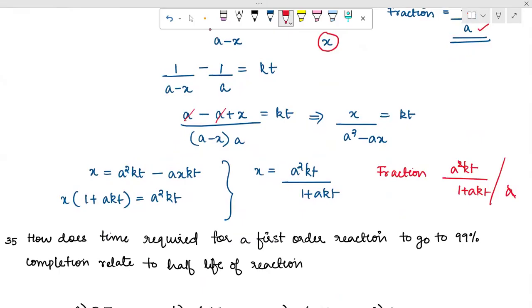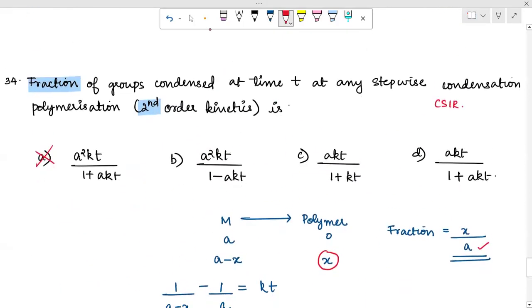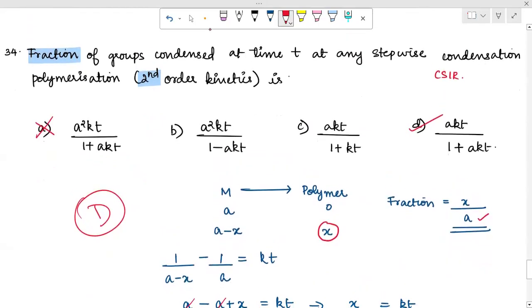So it is akt by 1 plus akt. Option D. So if you know the concept, you know the equation, it's just about rearranging and reading the question really well.